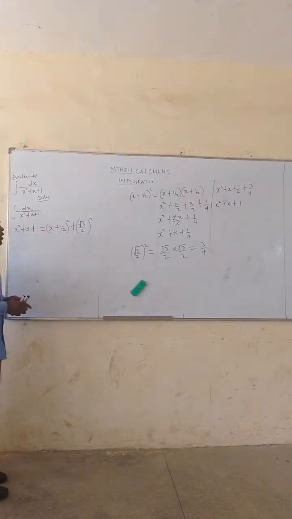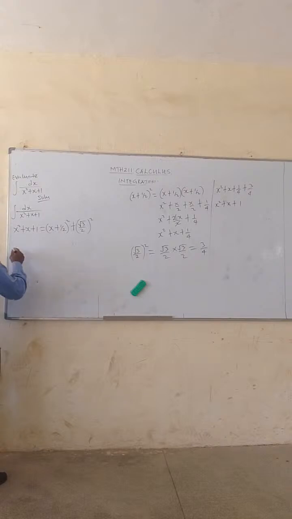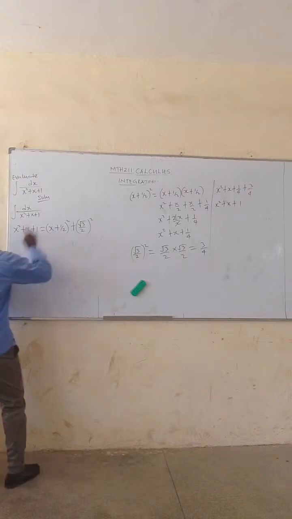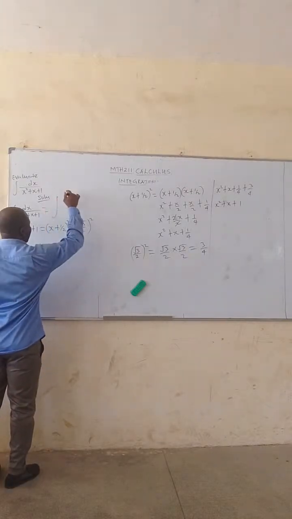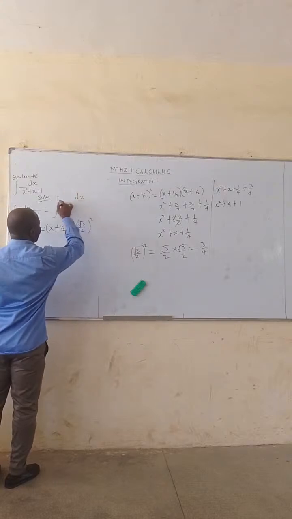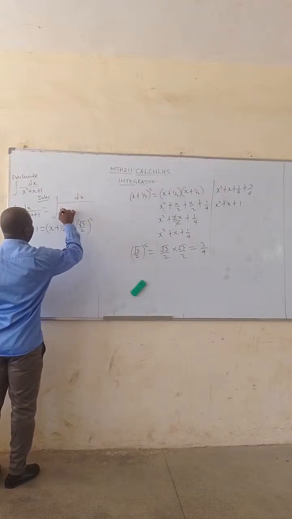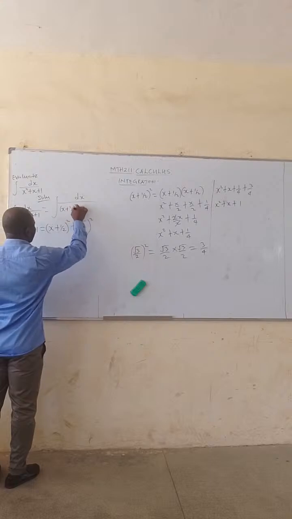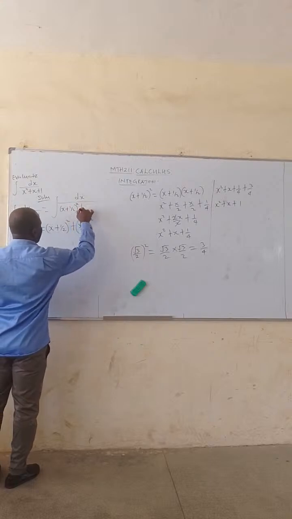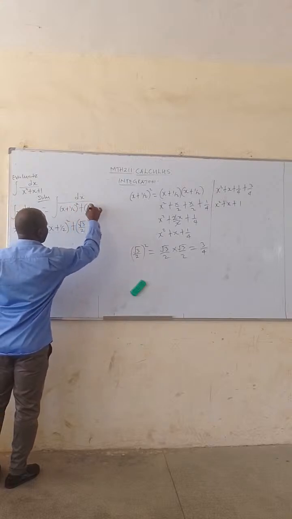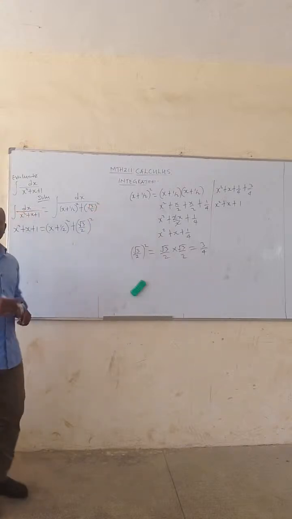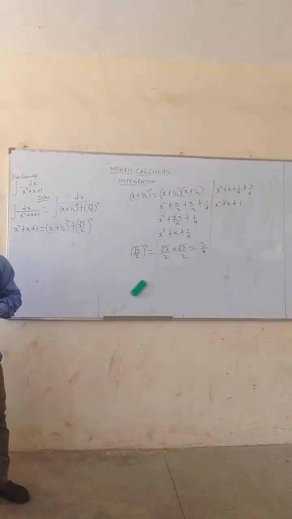Two of us. So the integral will now be equal to the integral of dx all over (x + 1)/2 all in square plus root 3 all over 2 all in square. Yeah. Let's go back to our integration.